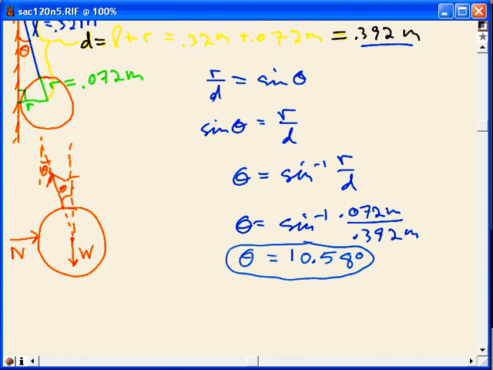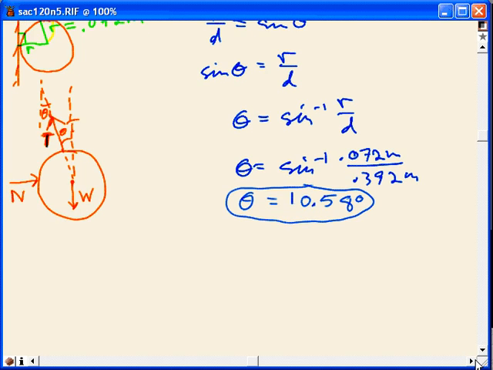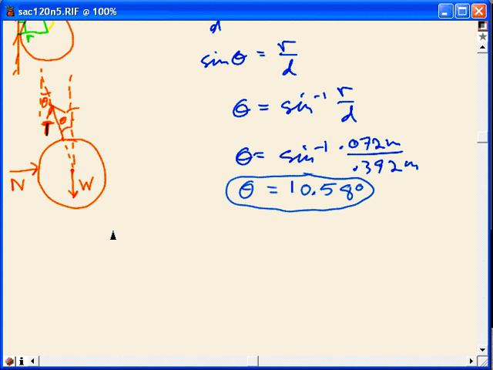In order to break up this tension, I never gave that force a name, but I want to call it the tension force capital T, into components. So I need to break up T into components. Let's get a little vector component diagram going here.